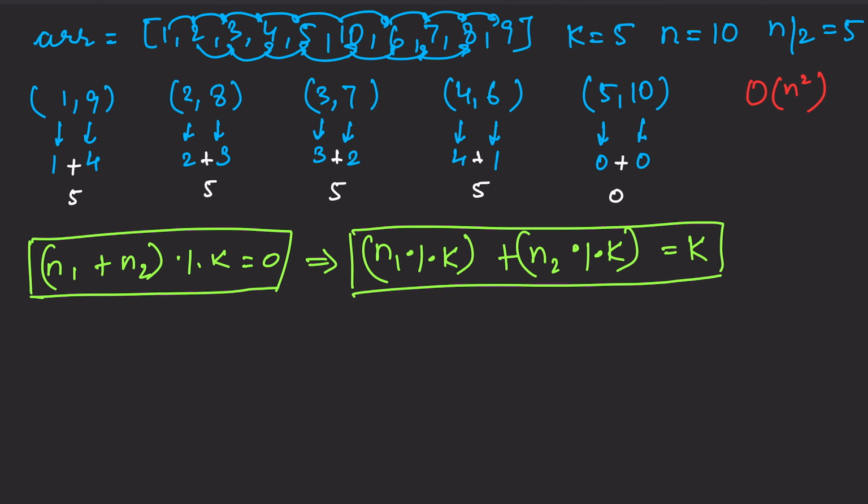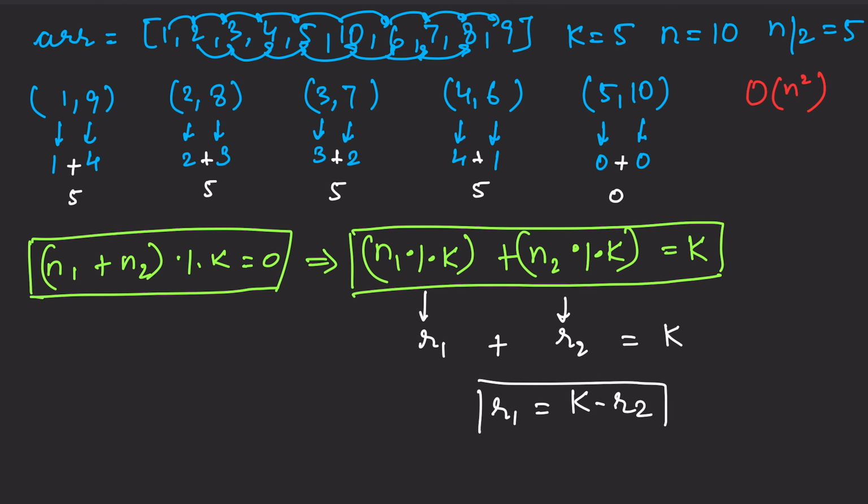Now, if we simplify it a little, if this is r1, and the remainder for the second number is r2, the sum of both will be equal to k. So if one remainder we have, we can find the other using k minus r. So this is the main concept we will use to solve this problem.